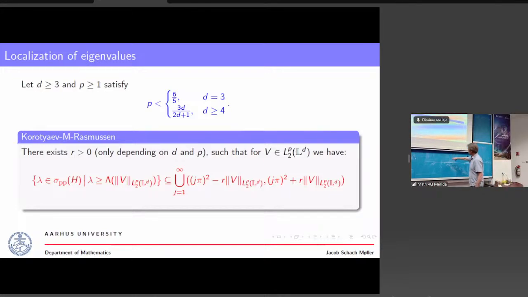So the window is uniform in energy. Remember, the gap between the Dirichlet eigenvalues increases, but the size of the localization does not. So this is what I mean in the title by high energy clustering. That we can say at high energies where any point spectrum has to be, if there are any, apart from the Dirichlet eigenvalues themselves.